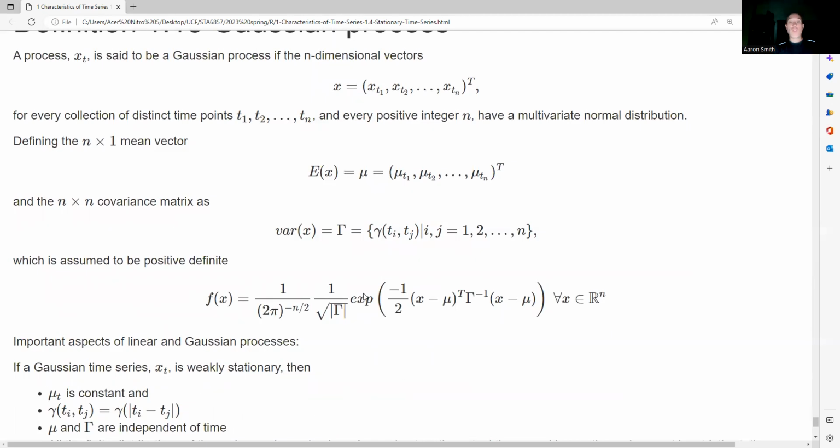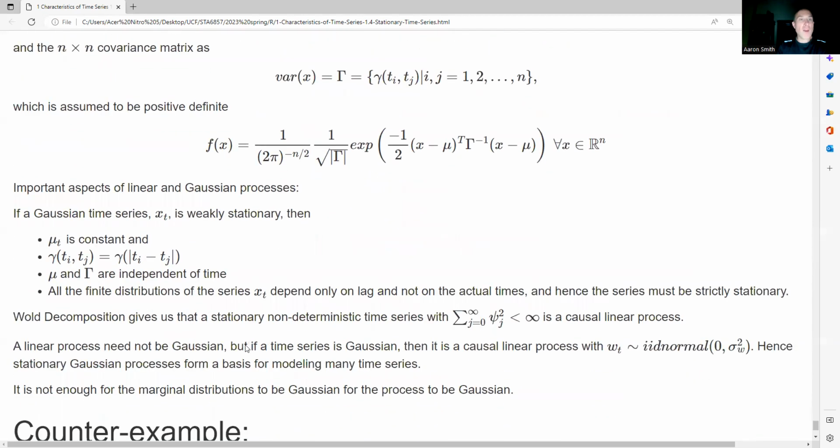This gives us our multivariate normal distribution. If you've done the theory of linear regression, this should feel very similar. If you watch my other videos on linear models, everything is pretty much the same, except I use a sigma instead of a gamma, but it's the same idea.